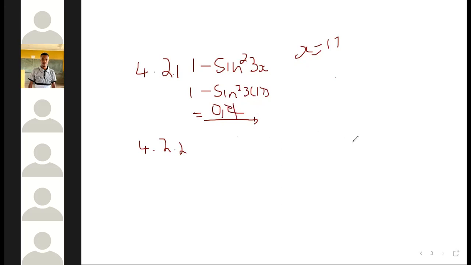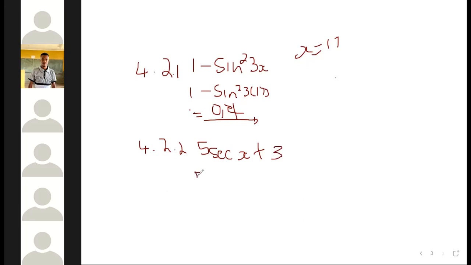And then we'll do 4.2, right? So for 4.2.2, you have 5 sec x plus 3, right? What is sec? For this question, you're gonna say 5 sec x plus 3.